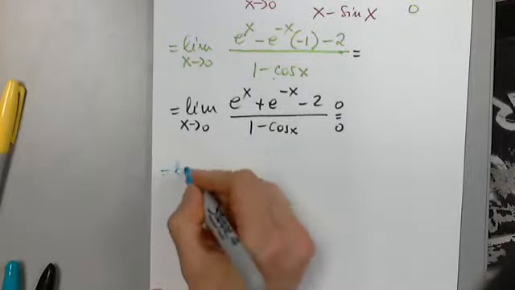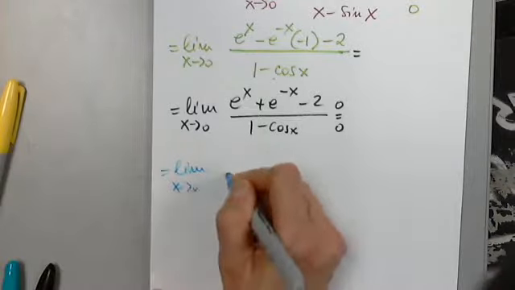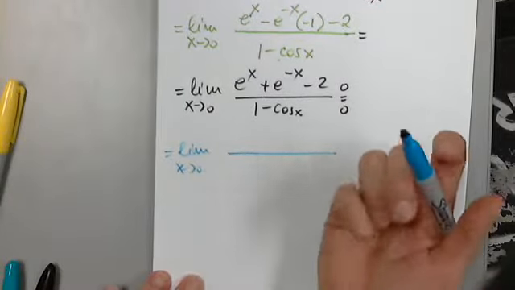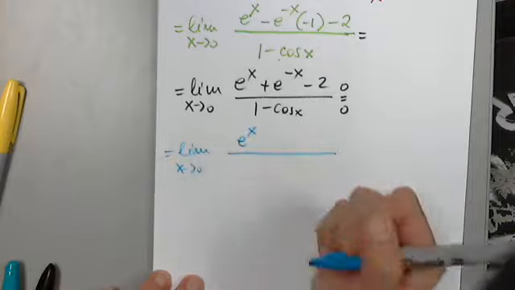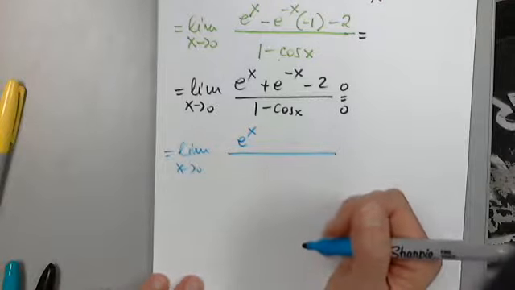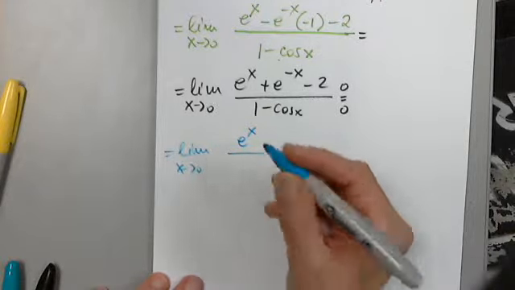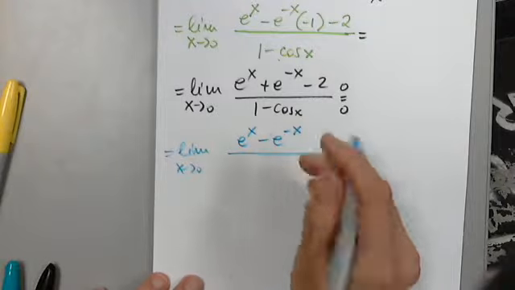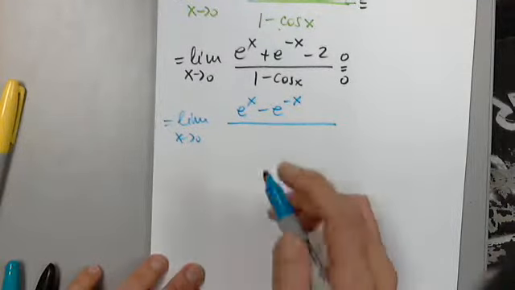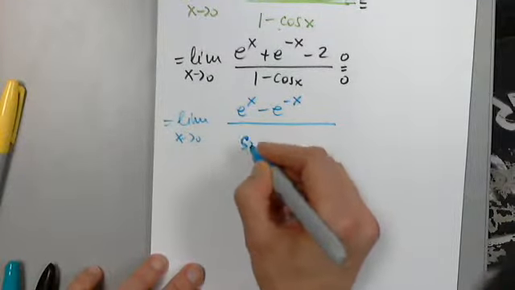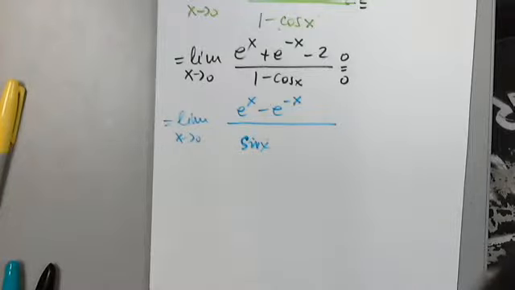Okay, limit as x approaches 0, the top. e to the x prime is e to the x. e to negative x prime is negative 1 times e to negative x. And the denominator is positive sine x. 1 prime is 0. Negative cosine prime will be sine x. Okay, I test again.